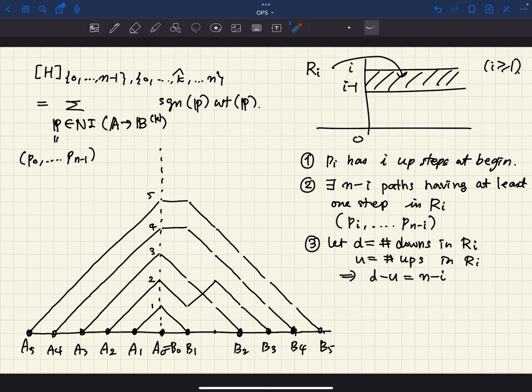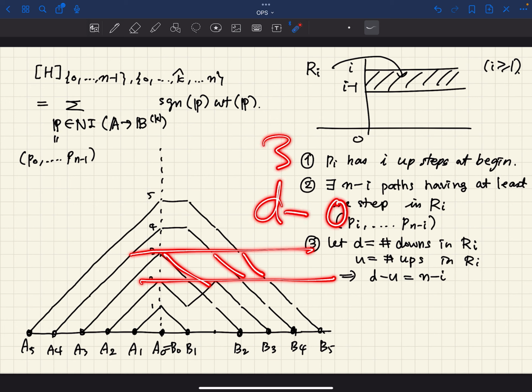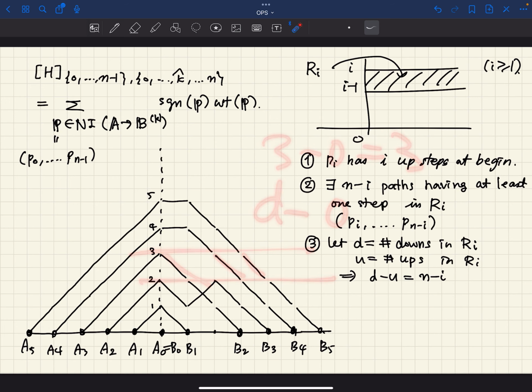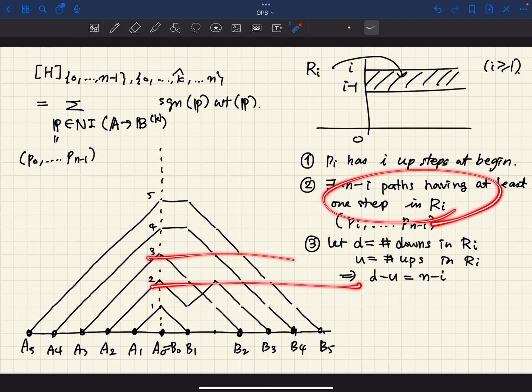For instance, here we have 1, 2, 3 down steps, and 0 up steps, so 3 minus 0 is 3. That's n minus 3. From this observation, we know that this path must have at least one step over here.